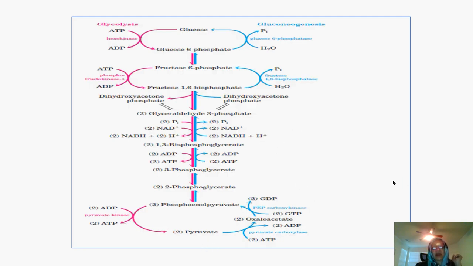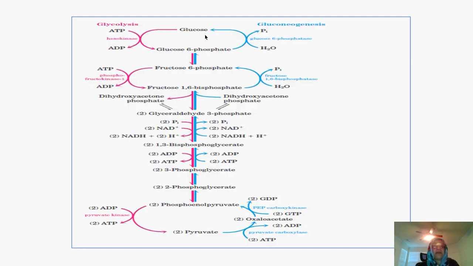In addition to the liver, the kidneys could also do some gluconeogenesis, but we are going to focus on the liver. The liver will synthesize glucose, but it does not use that glucose for its own energy requirements. Once it's made, it will be released in the circulation and sent to certain tissues such as the brain, basically, and RBCs.